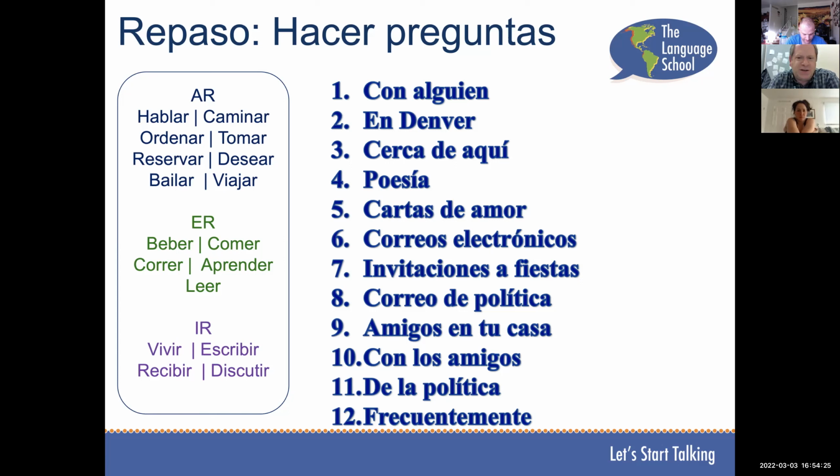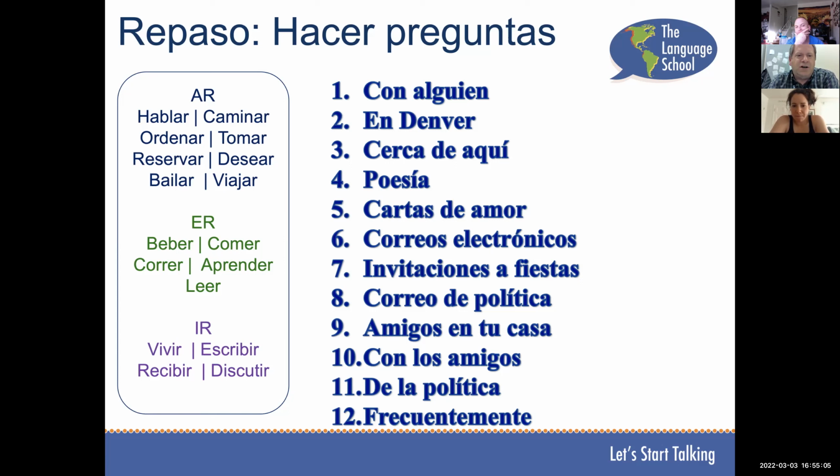¿Tú hablas con amigos en tu casa? I added a word. Sorry. Sí, yo hablo con amigos en mi casa. ¿Tú viajas con los amigos? ¿Qué significa viajar? Viajar means to travel.